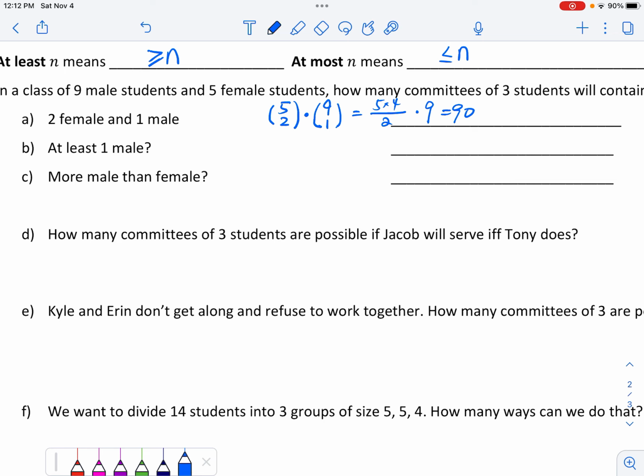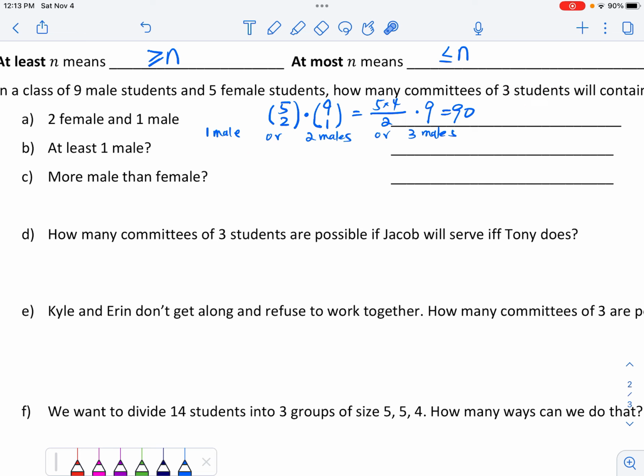Now at least one female. Let's talk about at least. That means 1 or more, right? So therefore it can be 1 male, or 2 males, or 3 males. And that's all because we have a committee of 3 students. You cannot have more than 3.